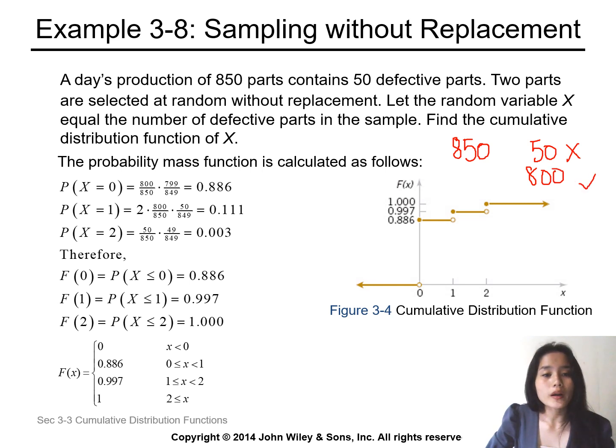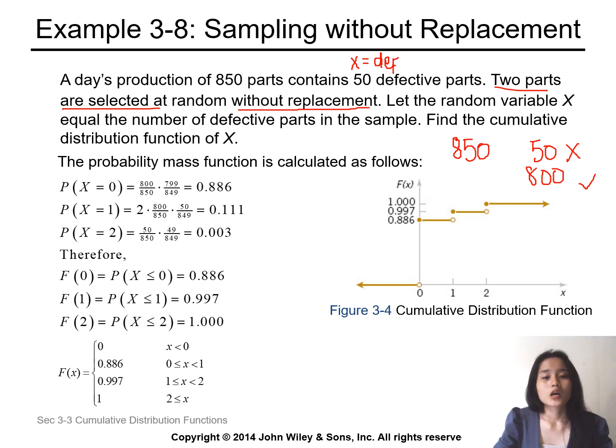And 2 parts are selected at random, so selection is done twice without replacement. Take note that this is without replacement. Let the random variable X be the number of defective parts.